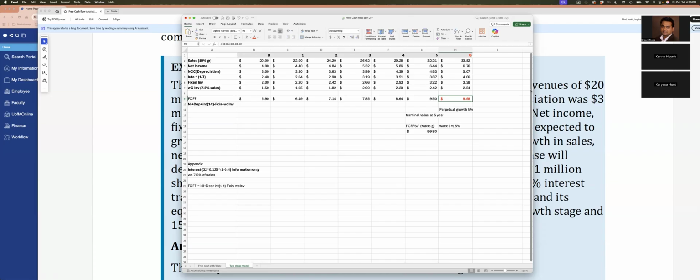From the sixth year onwards it's a perpetual, so the value at year 5 is next year's value divided by R minus G, WACC minus G in this case. Did you get it? Understand? Yes, okay, that's good.